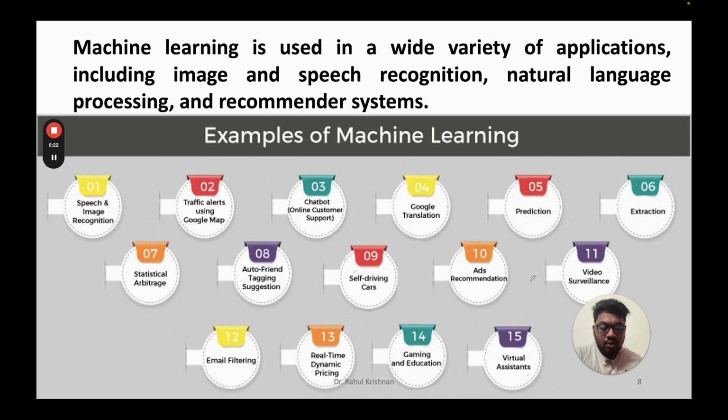Where do we use machine learning? You can see a number of applications highlighted here. One is speech and image recognition, and traffic alerts using Google Maps, because we have a huge data set and using that we can predict. Prediction is possible.